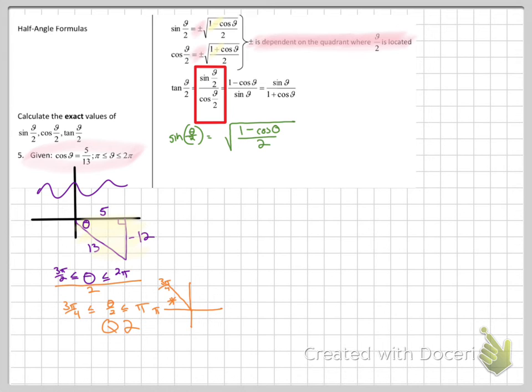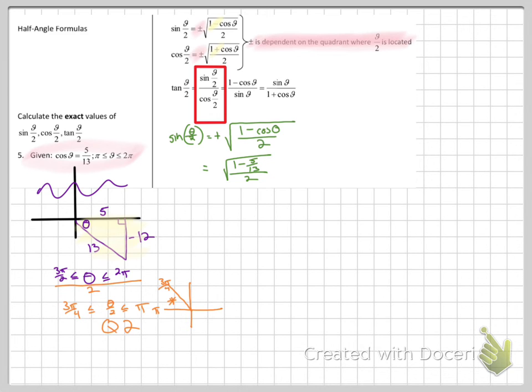Well, sine in quadrant 2 is going to be positive because it's up. I'm going to draw a plus sign, but you don't need to draw a plus sign in the future. Then I'm going to do the math. So square root of 1 minus cosine of that picture, which is 5 over 13, all over 2.